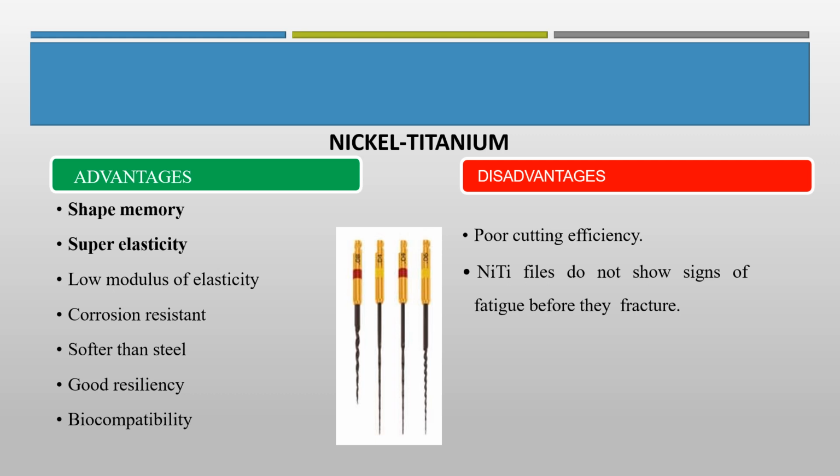Now, the next alloy is nickel titanium. The advantages of nickel titanium are shape memory and super elasticity, low modulus of elasticity, they are resistant to corrosion, they have got good resiliency, but the drawback is that they have poor cutting efficiency compared to stainless steel and they do not show signs of fatigue before they fracture.